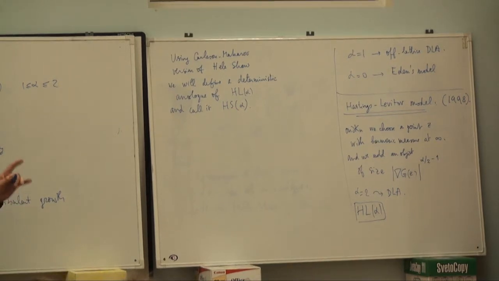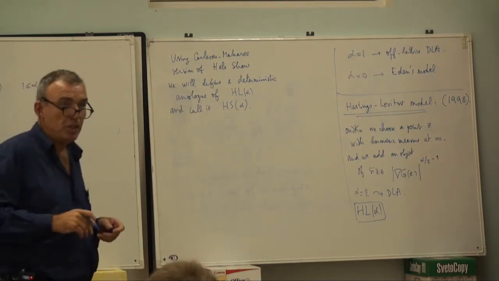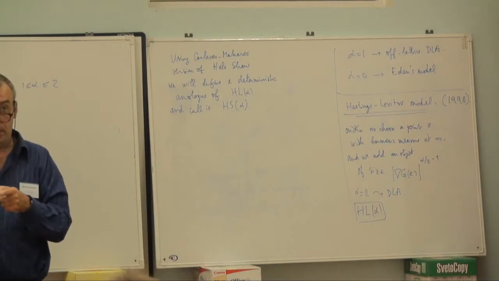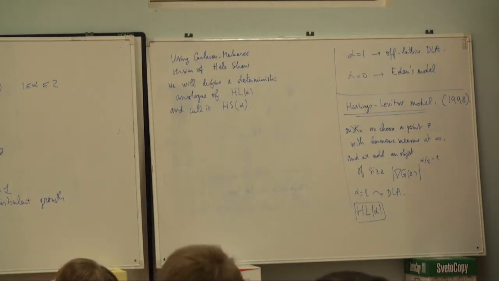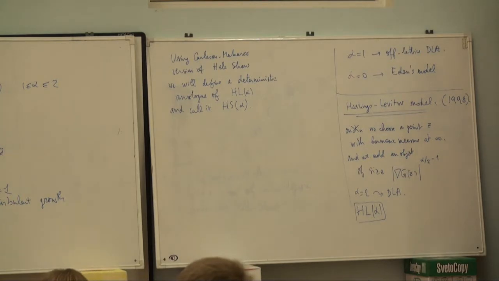HS of 0 will be just the trivial growth by equipotential. What do I mean by growth by equipotential? You start with a shape, okay? So the complement of this compact set has a Green's function, and you just take the level sets of the Green's function.